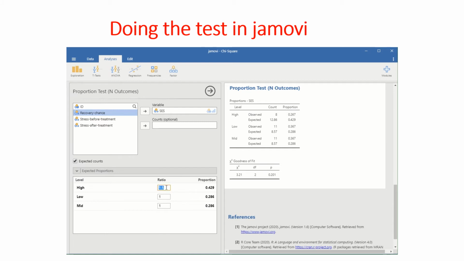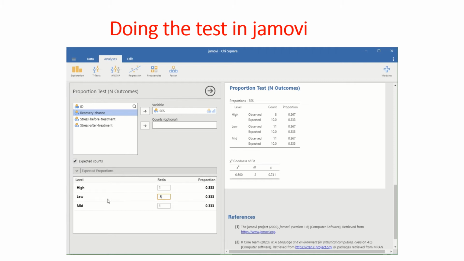So we can basically put it to 0.5. Again, it is not significant. Let's go to low. So when I put this to 0.5 here, it means that if I expected to see 10 people in the high group, I expected to see 5 people in the low group.